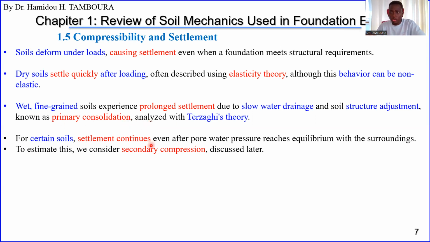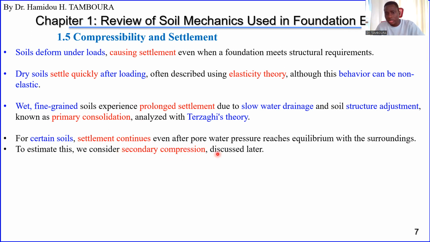But some soils, even after the water drainage, still continue to settle. The settlement will continue due to the rearrangement of the soil particles, and sometimes the soil particles themselves will crush and reduce volume. So that is the secondary compression, secondary consolidation.